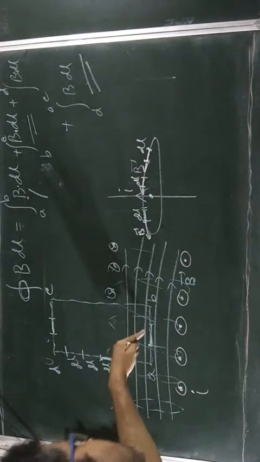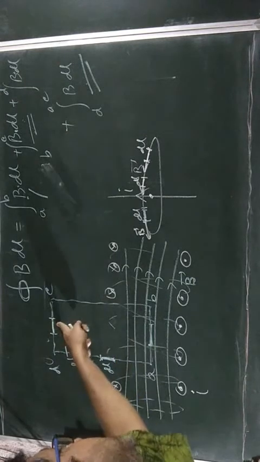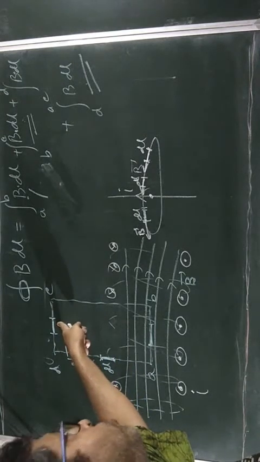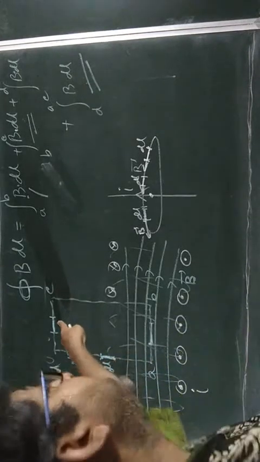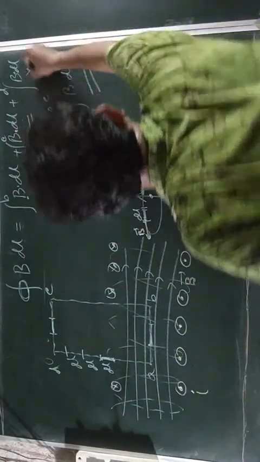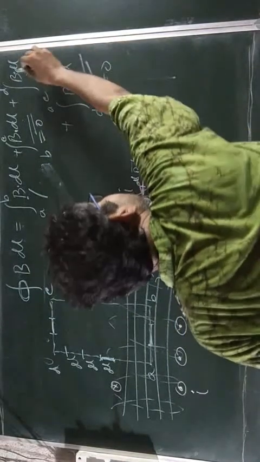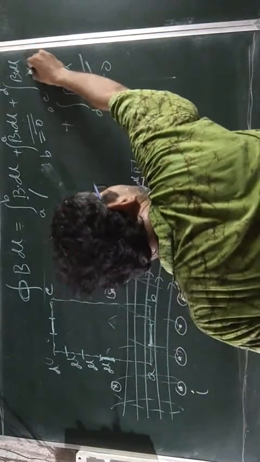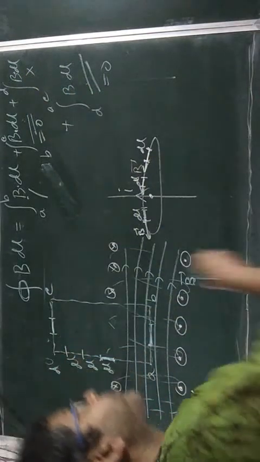So here the magnetic field is almost negligible. So we can neglect this part C to D also. These two turn to 0, and this can be neglected due to its very small value.